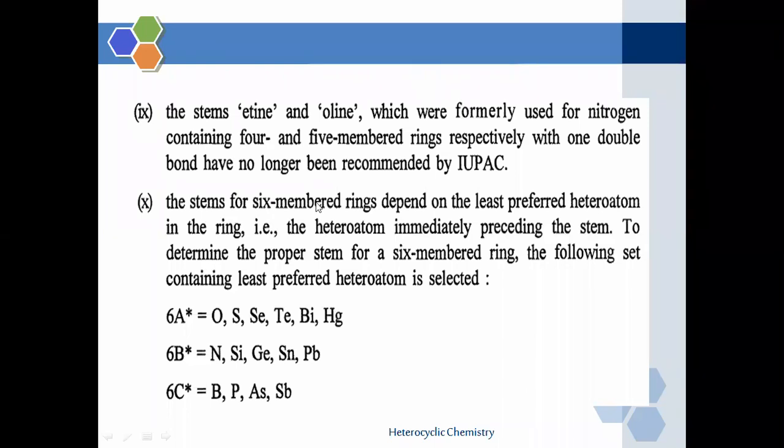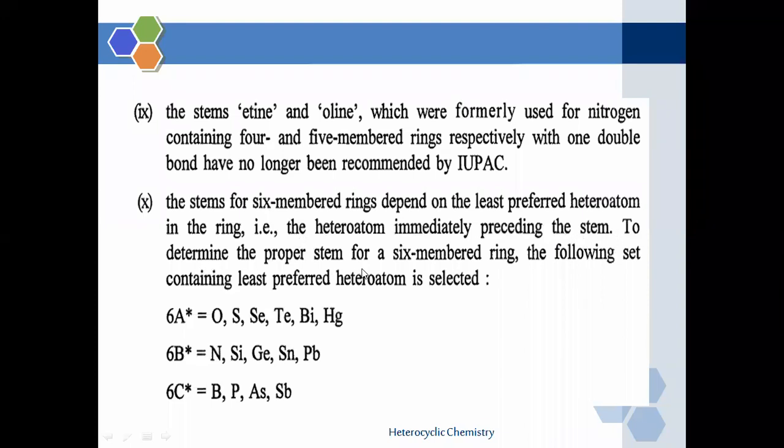Now the stems for a 6-membered ring. These A, B, C we have seen in table number 2. The stem for the 6-membered ring depends upon the least preferred heteroatom in the ring, that is, the heteroatom immediately preceding the stem.